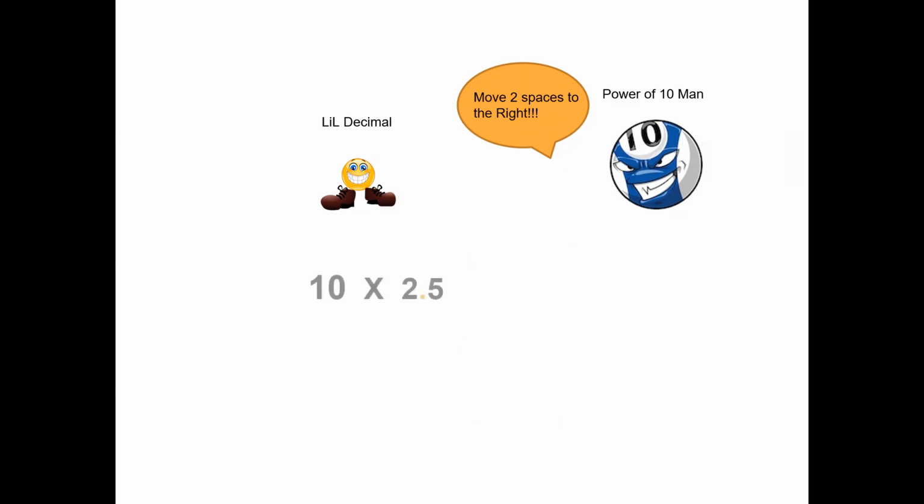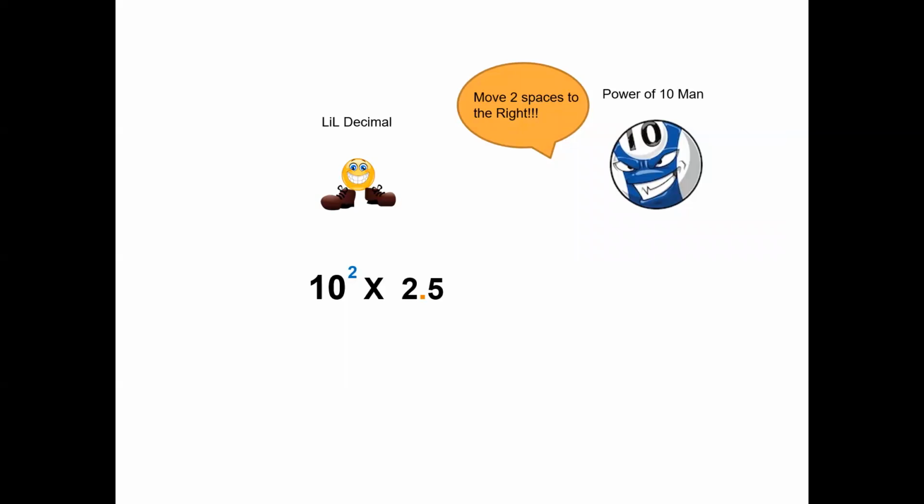right, okay? So if we have a problem that looks like this, then we have our base 10 here, and then he's letting us know our power of 2 is letting Little Decimal know how many places he needs to move. Now, this multiplication, again, like I said, when you're multiplying or making your number bigger, that means the place values will then move to the right. Little Decimal will move to the left.